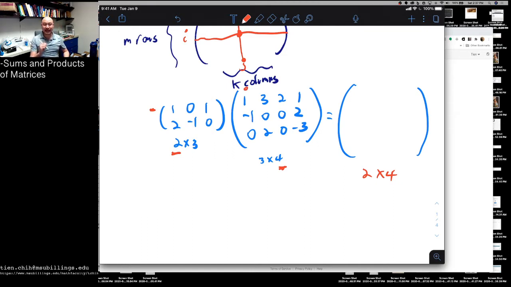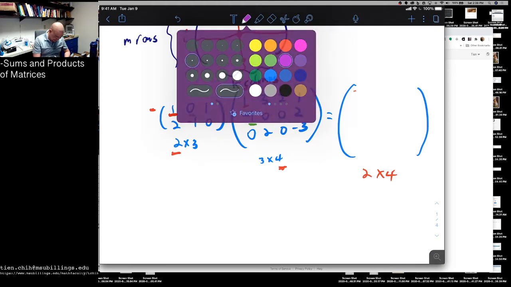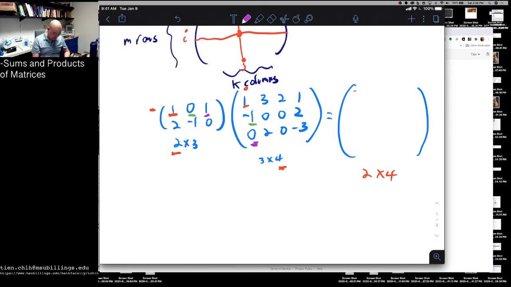I'm going to get the first entry of that matrix by taking 1 times 1, so that's 1, plus 0 times negative 1, and then 1 times 0.